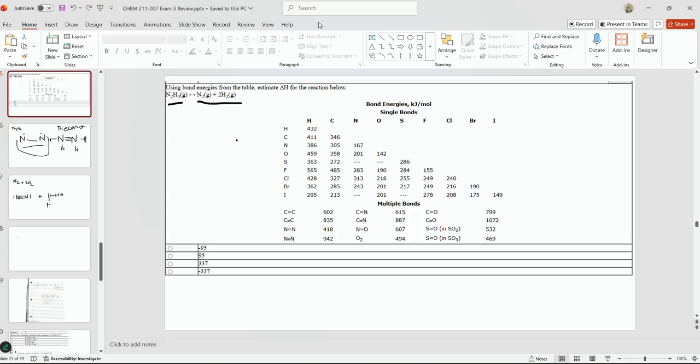But I'm pretty sure these are 2 bonds. So we have N2. This is a lone pair. 2H, so it's B. So we only have 2 of them. So this is correct. N2H4.